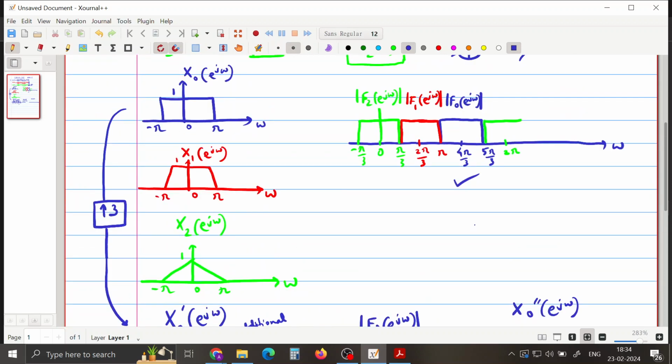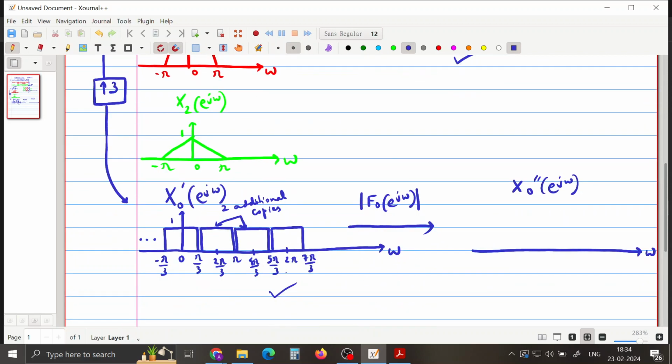Look at f naught of e power j omega. F naught of e power j omega is lying from pi to 5 pi by 3, right? This band, correct? So if you multiply that with this x naught prime of e power j omega, only the portion from pi to 5 pi by 3 will exist, yes or no?